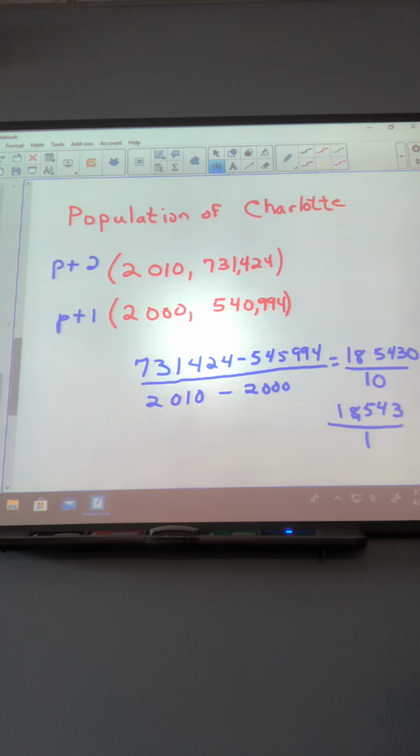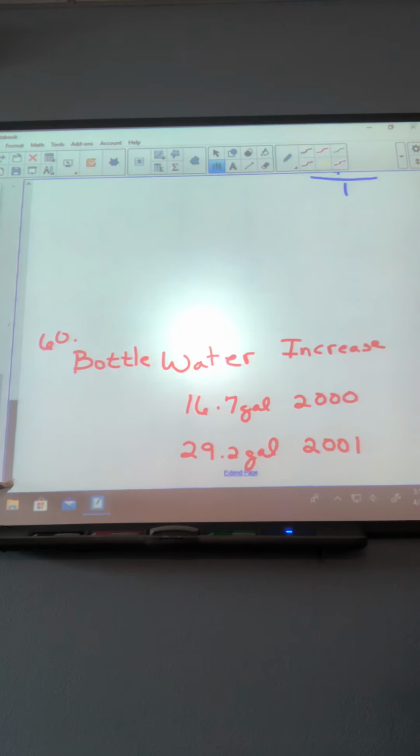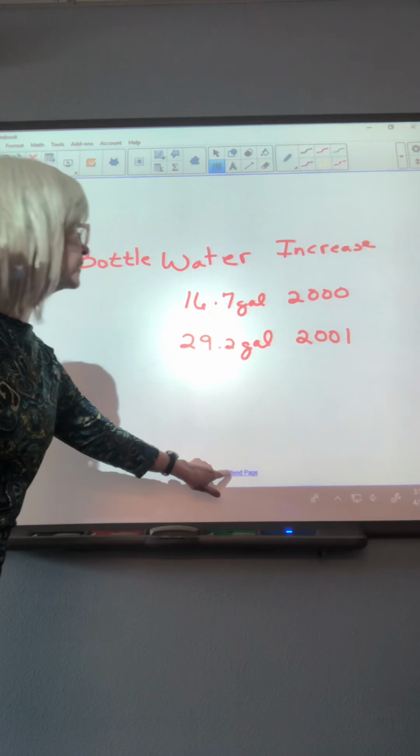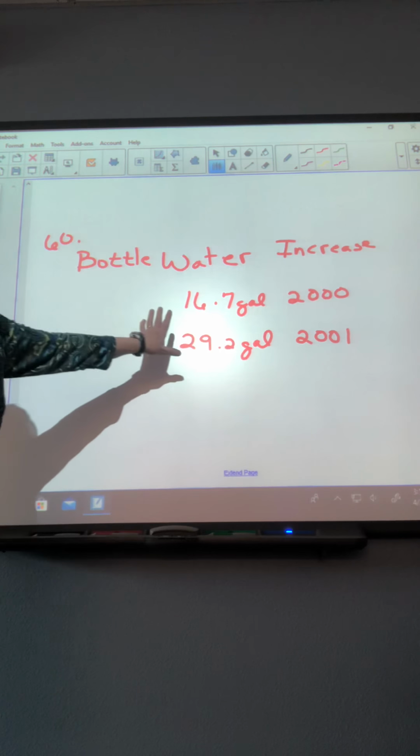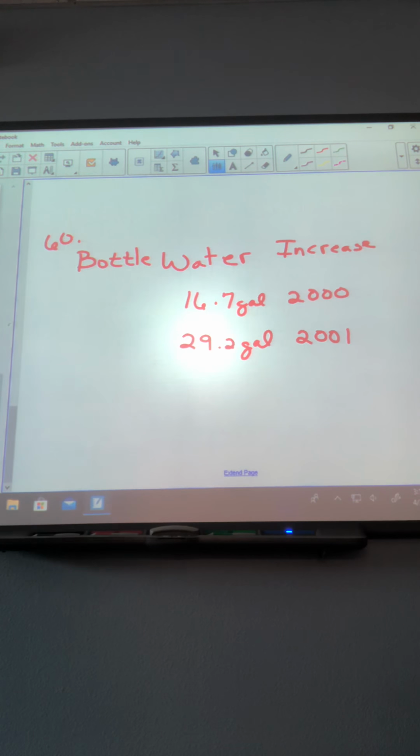Okay, so now let's look at number 60, which talks about bottled water. So even though this uses numbers from probably when most of you were either not born or just babies, this part isn't your fault, but you do know that people use way too many plastic bottles of water.